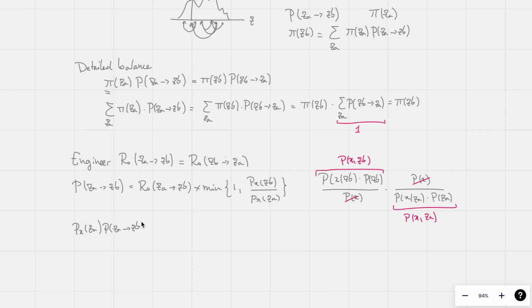And that is, according to my definition, P(x, Za) times that term here, R0 Za to Zb times the minimum of either 1 or P(x, Zb) divided by P(x, Za).